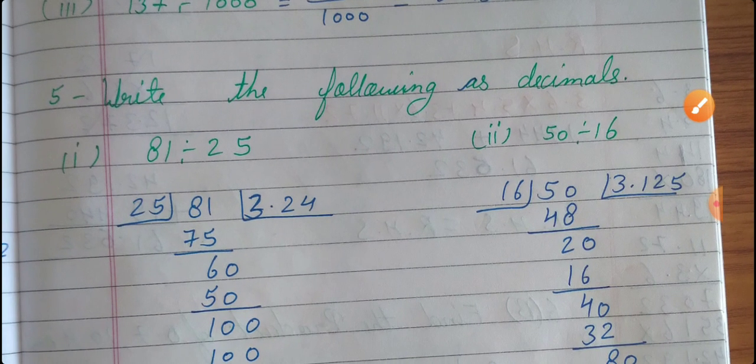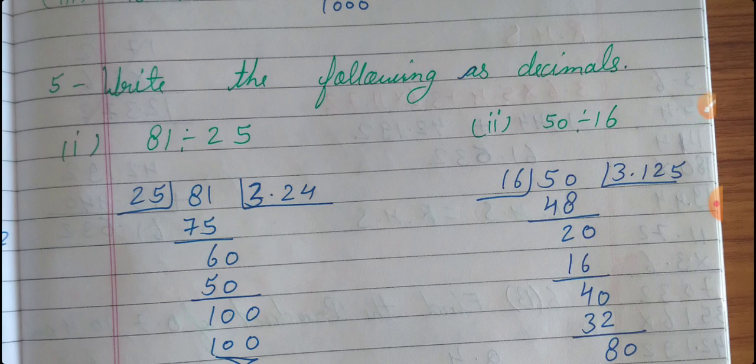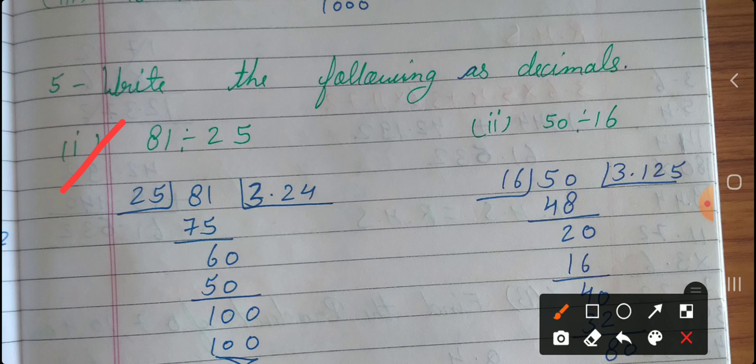Question number 5 is here, write the following as decimals. Division is here. First part, 81 divided by 25.